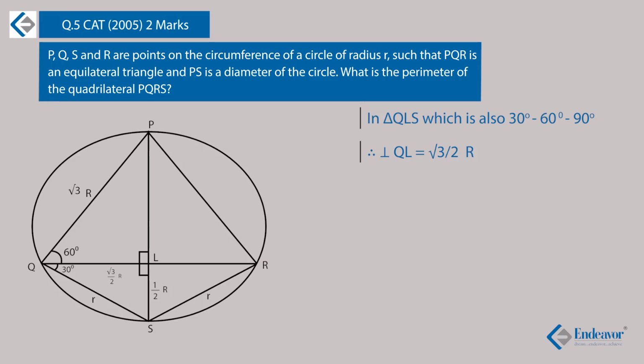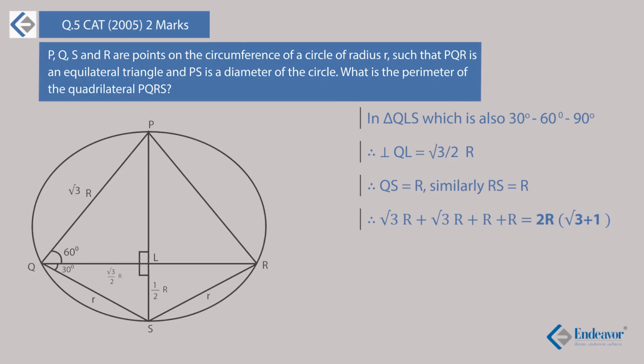Because QS is r, similarly RS will be r, and here I get all four sides of the quadrilateral, because PQ we already identified as √3 times r, PR is also √3 times r, QS is r and RS is r. If I add all four of them, I get the perimeter, which is my answer option 1, which is 2r times (1 plus √3).